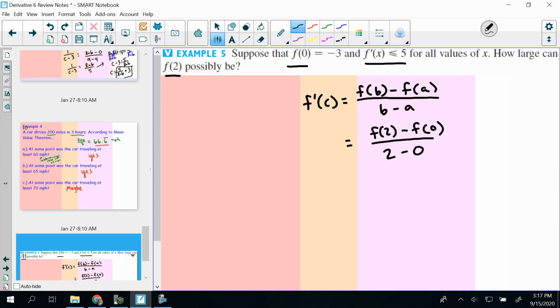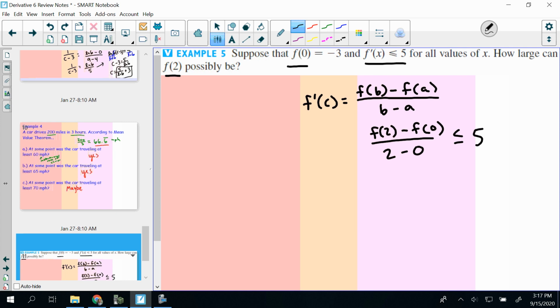Yeah, we know the derivative's always less than 5. So rather than having an equals on this one, let's just say our derivative is always going to be less than 5. That means whatever this is equal to should always be less than or equal to 5.